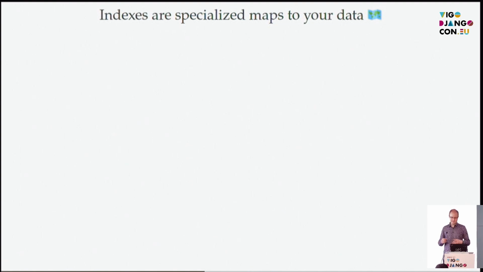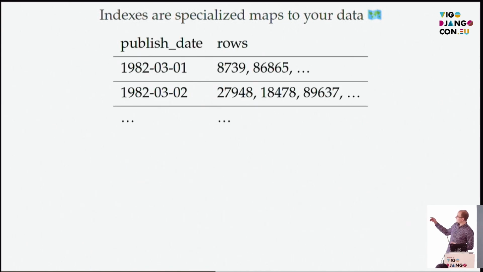So if we have an index on the publish date of our books, we have an additional table where for every publish date in order, we have a reference to all the books that have this publish date. And it makes both finding books with a specific publish date as well as sorting books by the publish date a lot easier for the database.